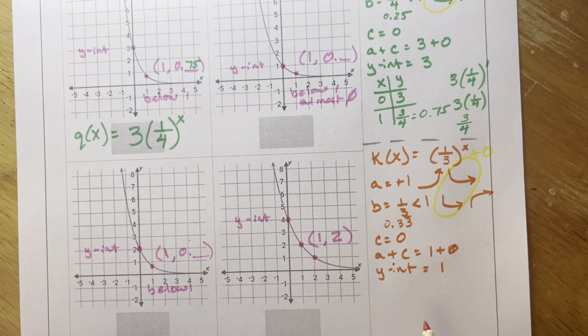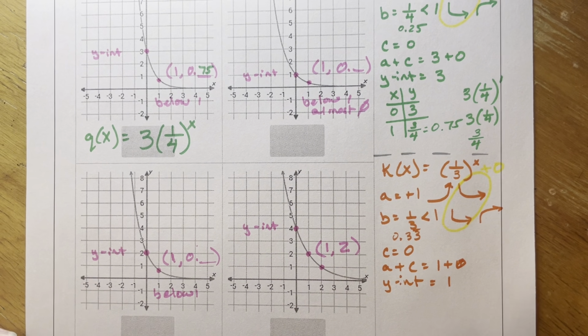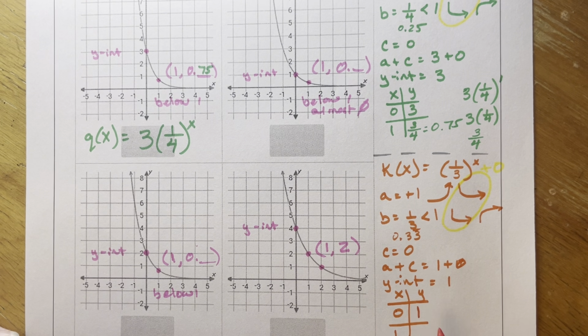Let's go verify. And we'll do that by making a tiny table with x and y values of 0 and 1 for x. So our y-intercept when x is 0 is equal to 1. And for x equaling 1, let's plug that in. So 1/3 to the first power, any number in the whole wide world to the first power, is just equal to itself, 1/3.